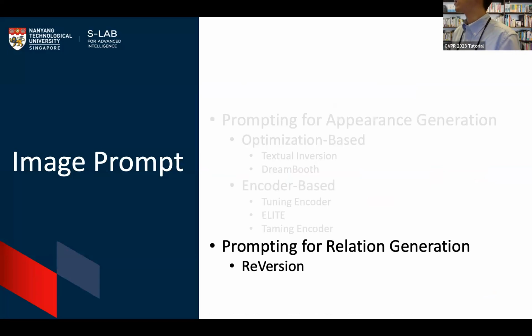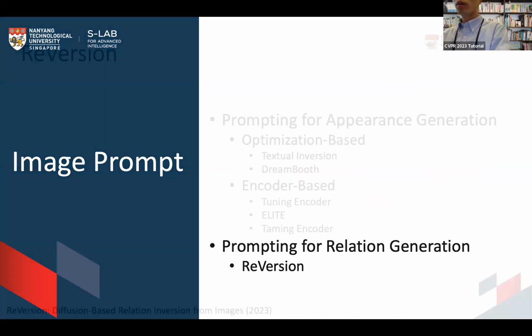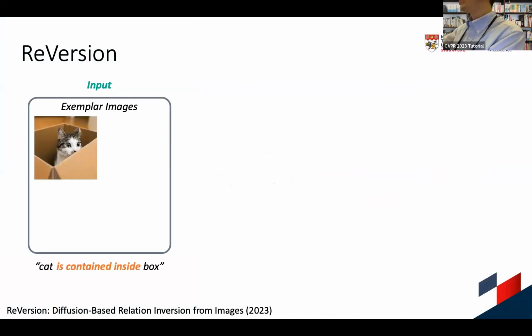The second track is prompting for relation generation, right? The first track is appearance generation: you have a handful of images of the dog or the cat, and you want to synthesize the same dog or the same cat. So how about we have a handful of example images that contain relations instead of appearance?